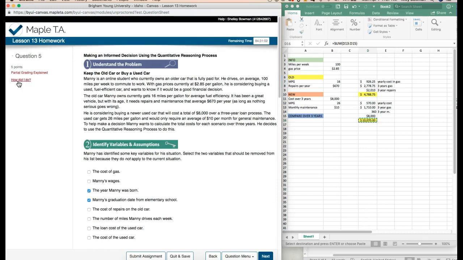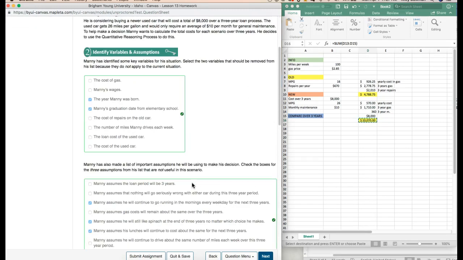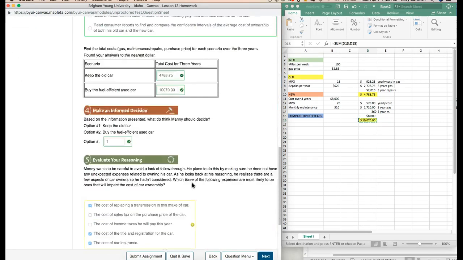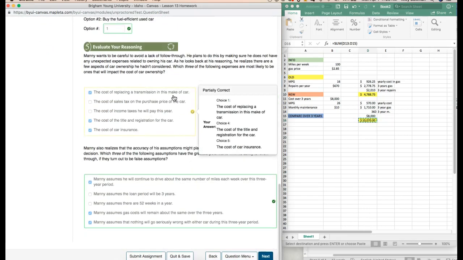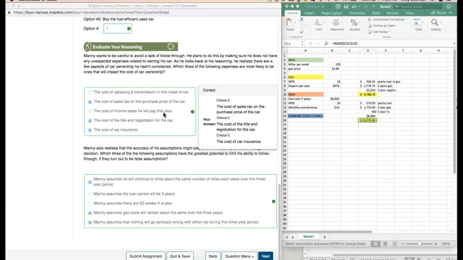Here we go. Here's our moment of truth, and we'll just verify that everything came out right. And it looks like I got it partially correct, so we're going to go back through that one in just a little bit. So this is something you can go back through because I made the mistake of making the assumption of replacing a transmission because we are talking about just this situation.